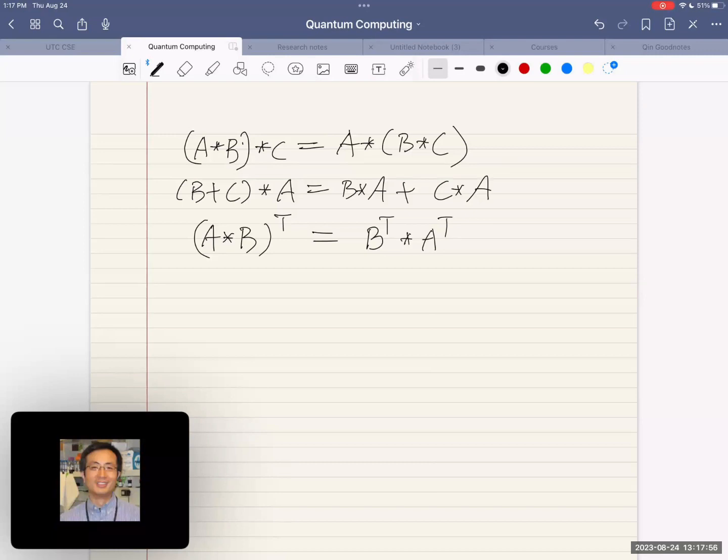We also have the conjugate, and this one actually still follows the same order. And then we have the conjugate transpose.